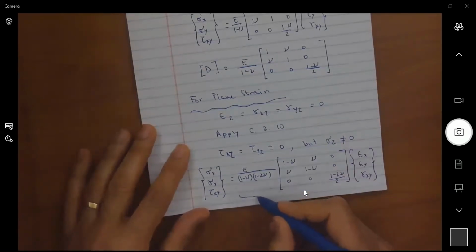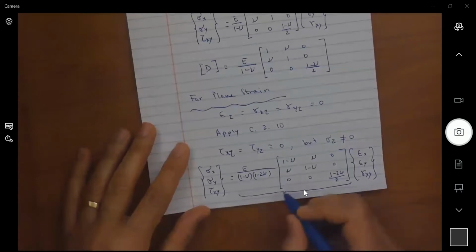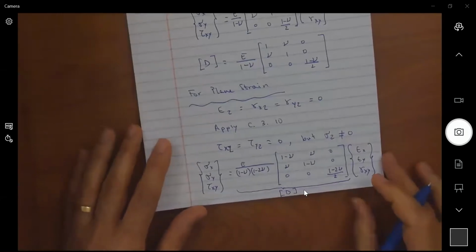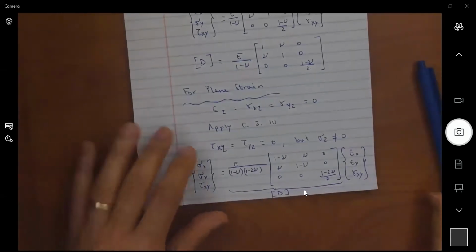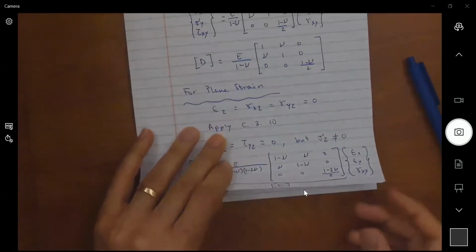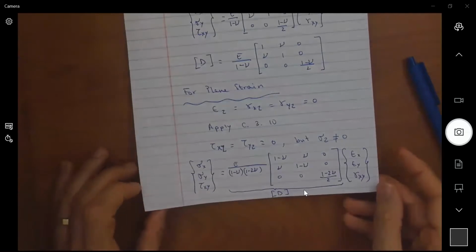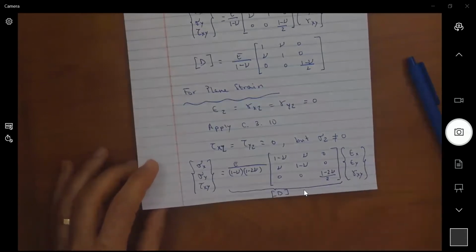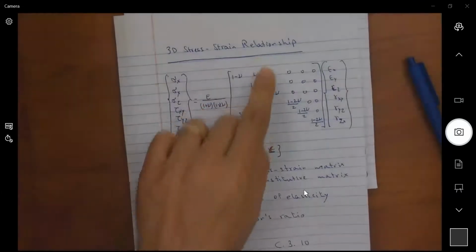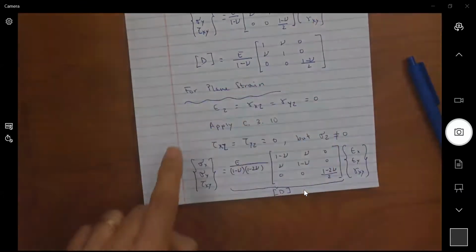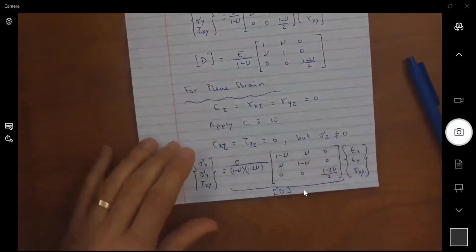And this portion here makes my constitutive matrix D. So we have used the 3D stress-strain relationship to derive the plane stress-strain relationship, as well as the plane strain stress-strain relationships.